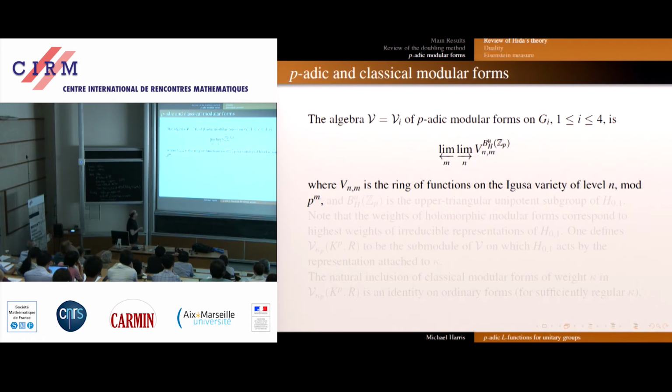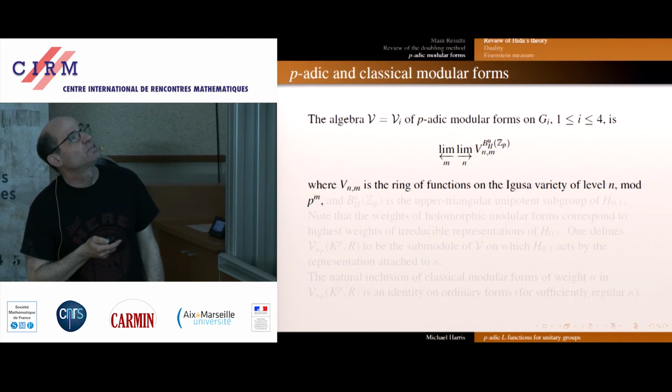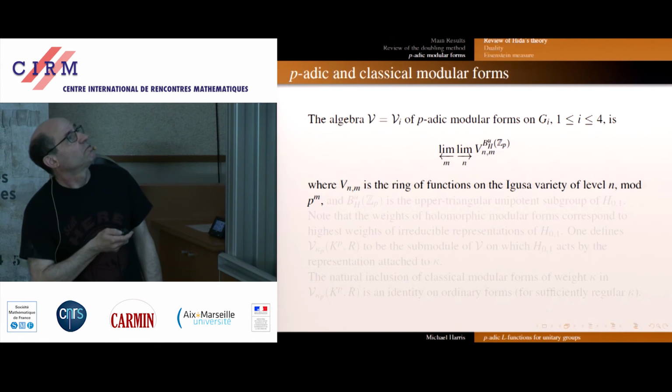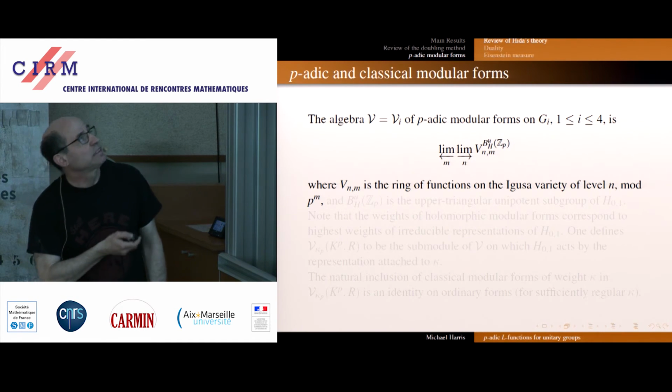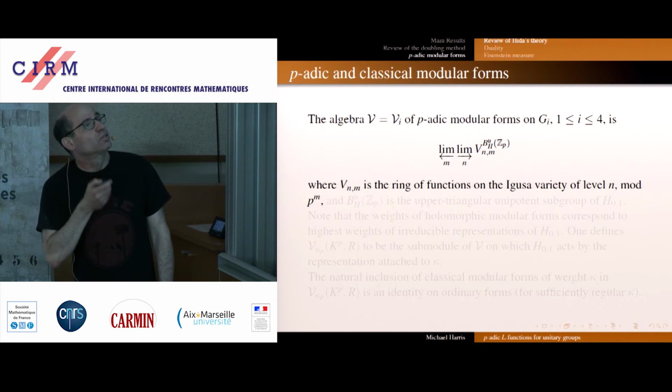Some notation. V. This notation was in the paper already more than 12 years ago. P-adic modular forms on G_I. So what is this? Let me just say. So you take V_{n,m}. These are the Igusa variety of level n.